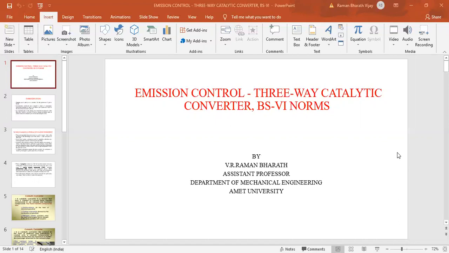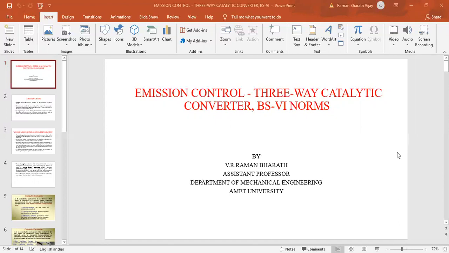Suppose, for example, there is a gas called hydrocarbon, which can affect the atmosphere. There is a gas called nitrogen oxide, which is affecting the human being itself. Why? Because it affects the lungs of the human being.